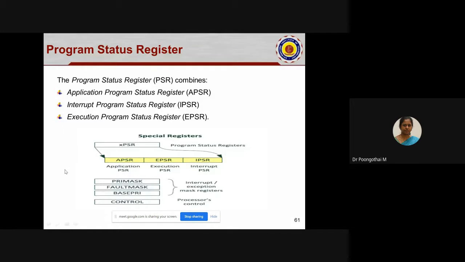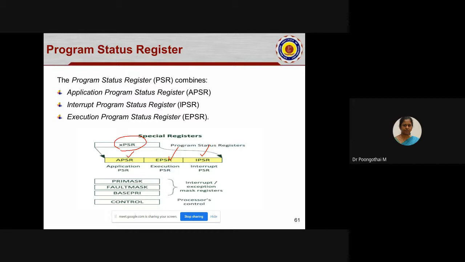It is a combination of three registers: application PSR, execution PSR, and interrupt PSR. All these three registers are composed in a single register, which is referred to as XPSR.